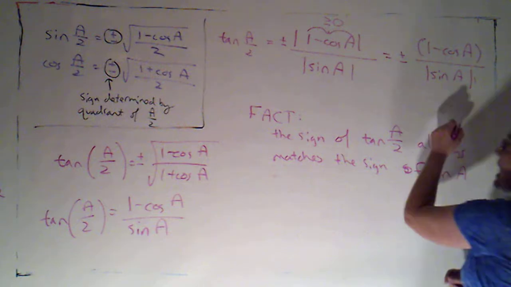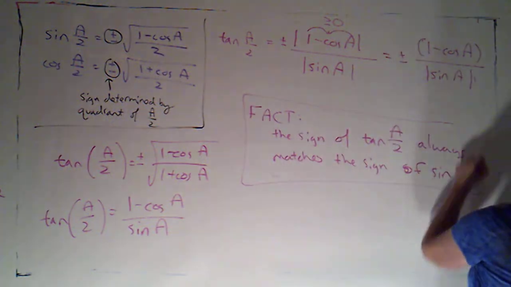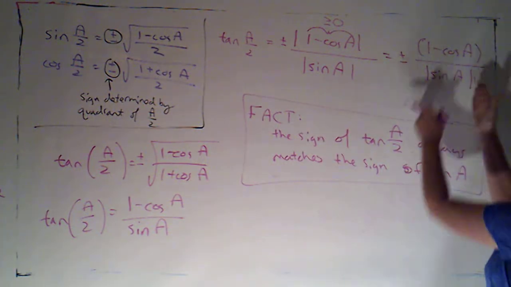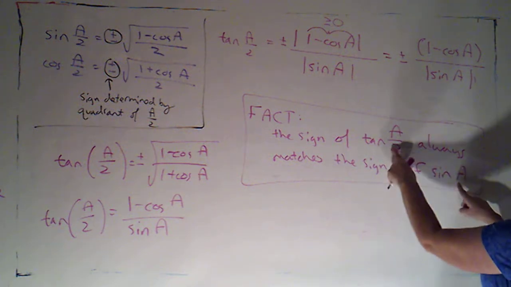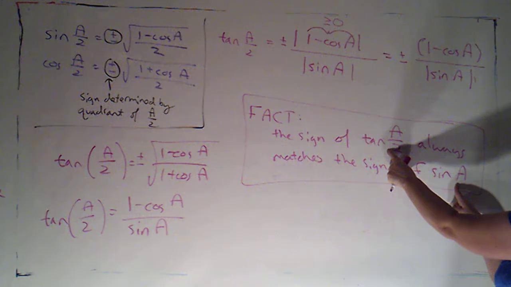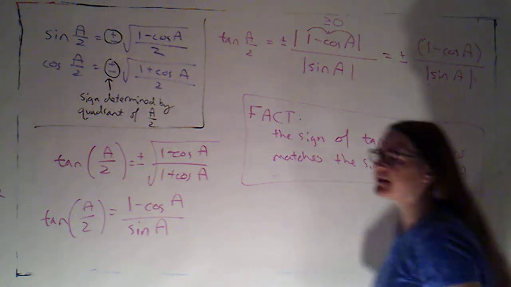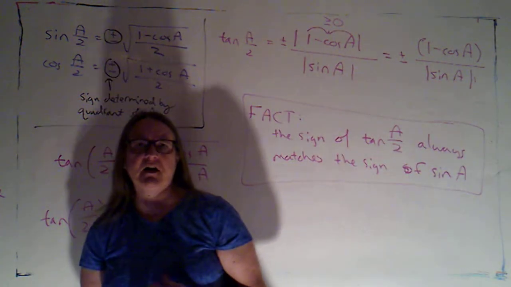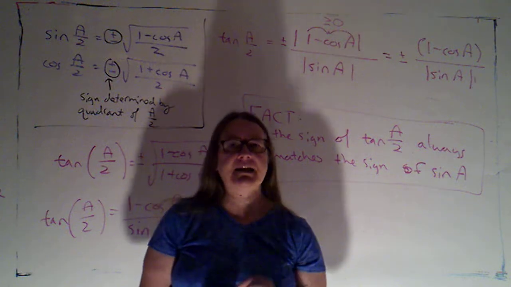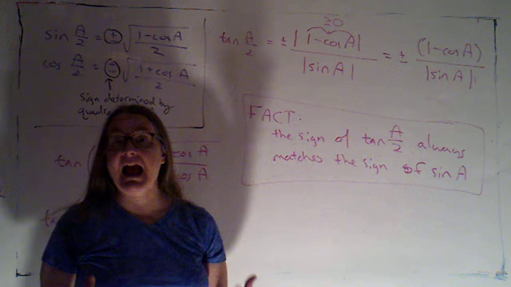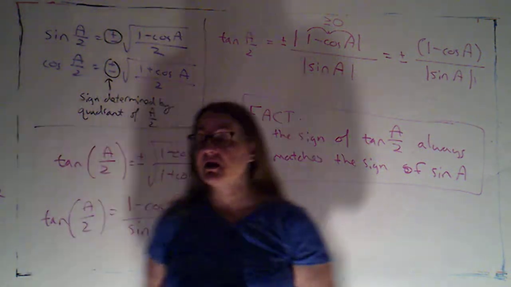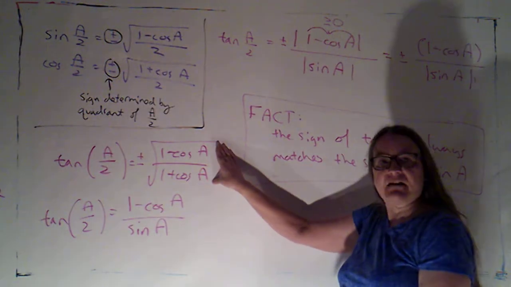That does rely on using this fact, because as I simplify things, I'm getting a plus or minus and an absolute value, and I have to just know that the signs of these two things are always the same. Now, that's not something that I expect you to have memorized. So, on an exam, if I ask you to derive a half-angle formula for tangent, you're allowed to just derive that one.